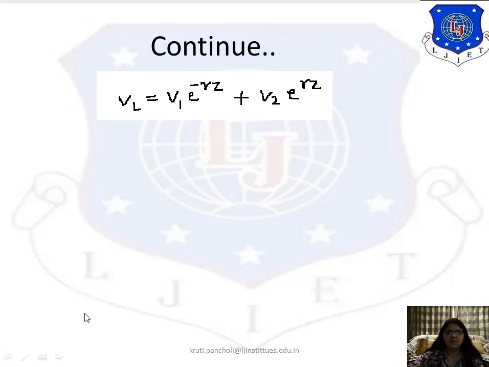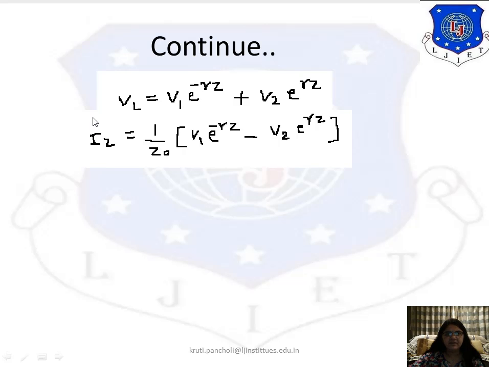Now we know the VL value. VL is V1 e raised to minus gamma Z plus V2 e raised to gamma Z. We can write the value of the current: current is V upon R, and here the impedance is Z0, the characteristic impedance.